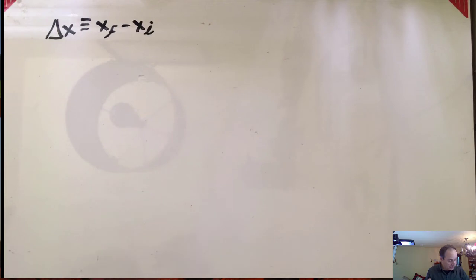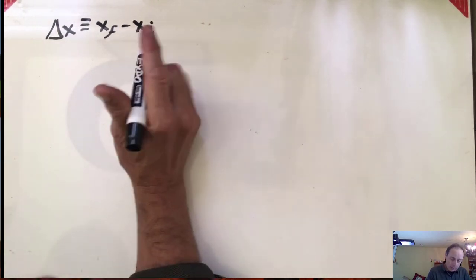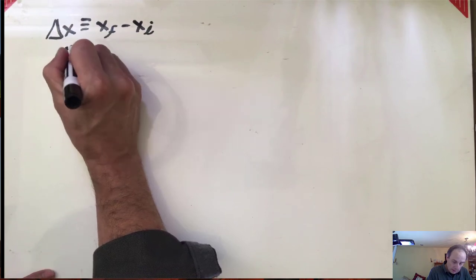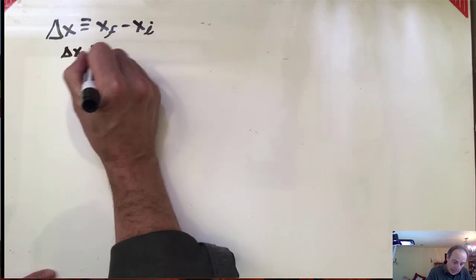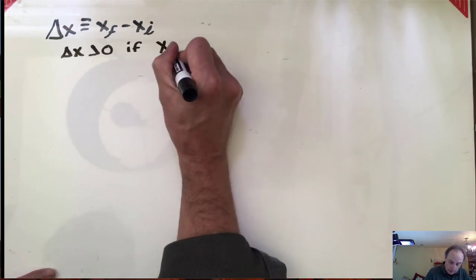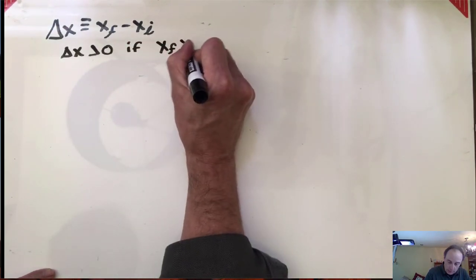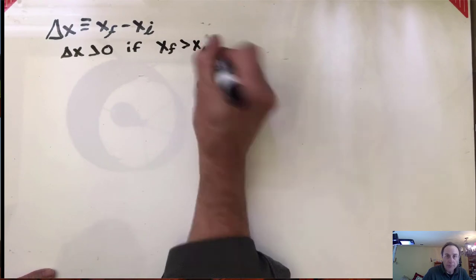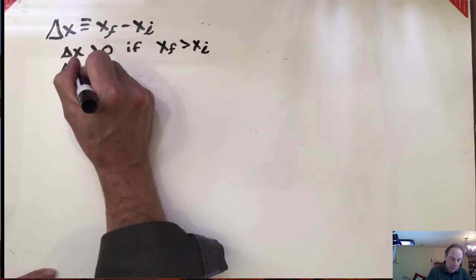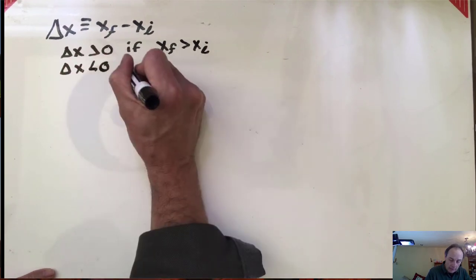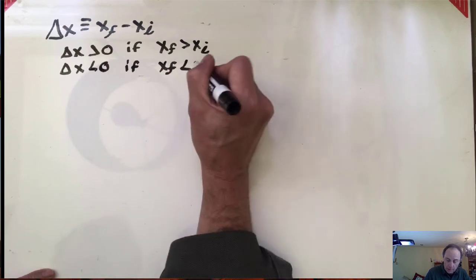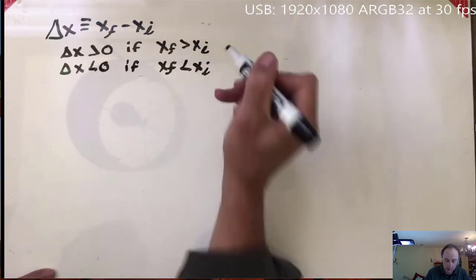Okay, so this delta x is positive if the final is greater than the initial displacement, and displacement is negative if the final is smaller than the initial displacement.